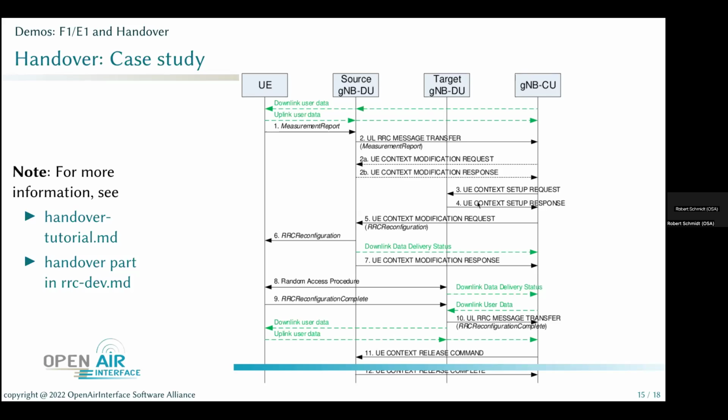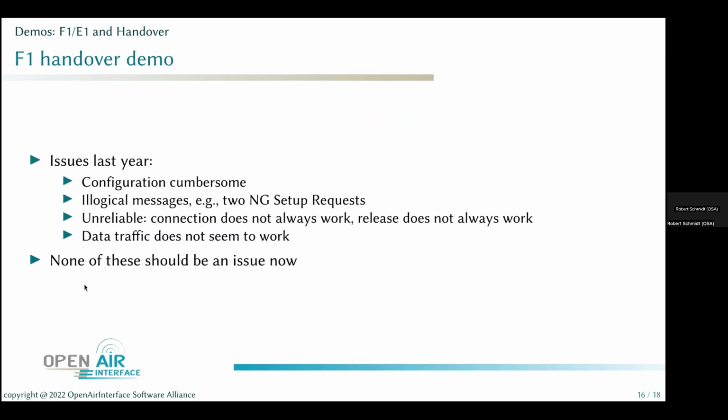If you want to see more exactly what OAI does when it receives these different messages, there is also some developer documentation with more information on what happens where. In particular, on the CU side, if you want to see what happens when there is a measurement report, it's written in this developer documentation. And with that, we can now come to the handover demo.